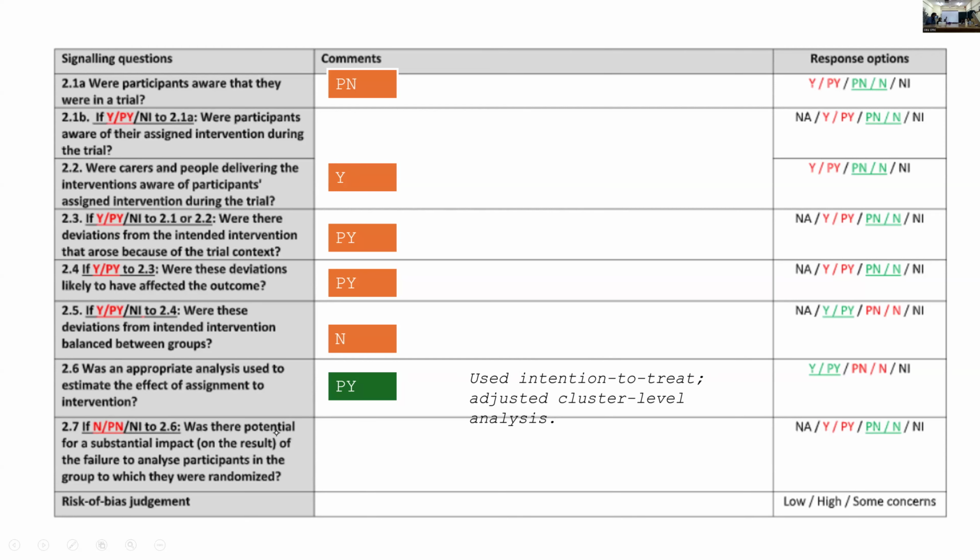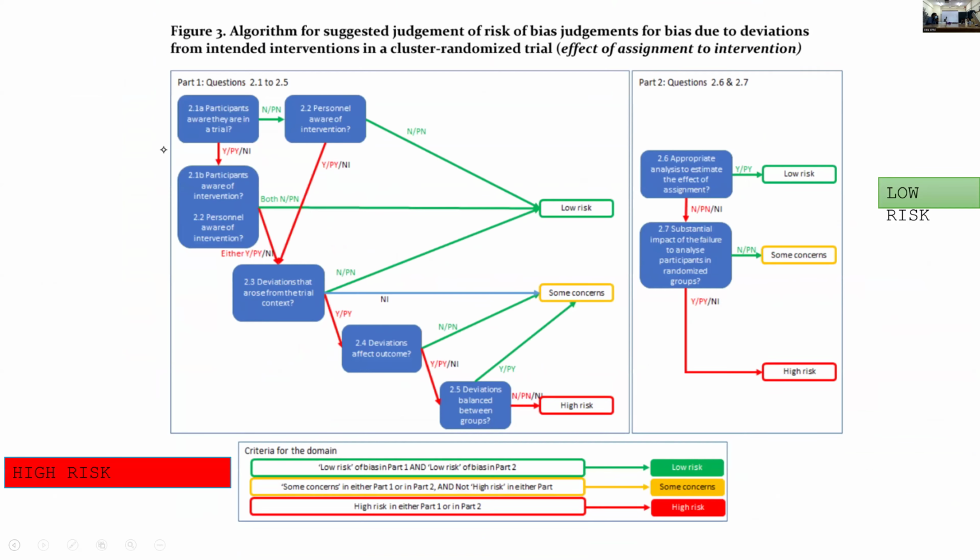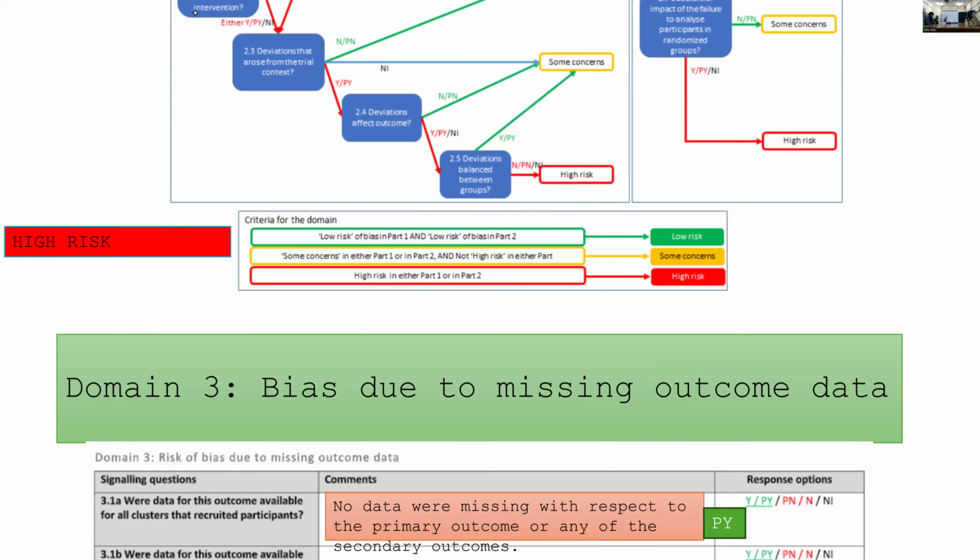So that was probably yes. So overall, in questions 2.1 to 2.5, I gave the high risk. Questions 2.6 to 2.7, it was a low risk because they had used an intention to treat analysis. But in the overall domain, if you have high risk in either part 1 or part 2, you have to leave it as a high risk. So I have given this as high risk.